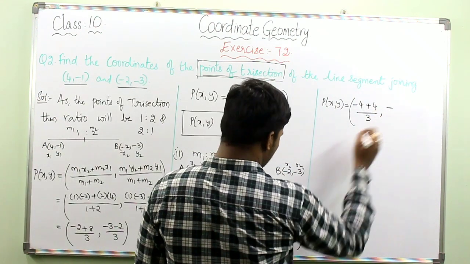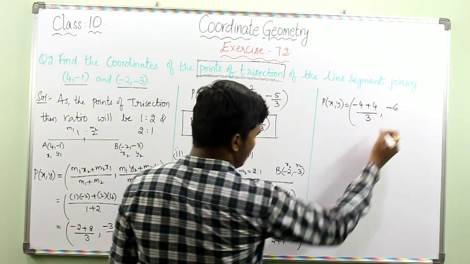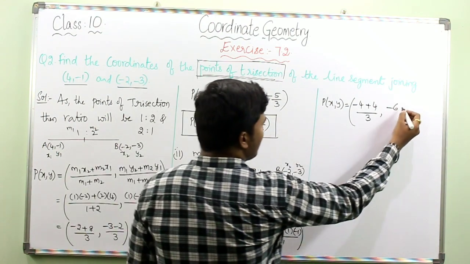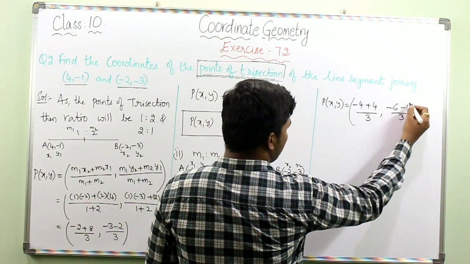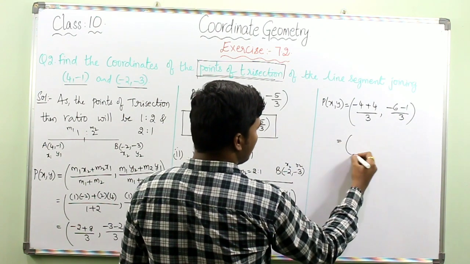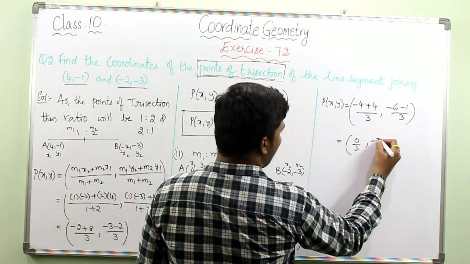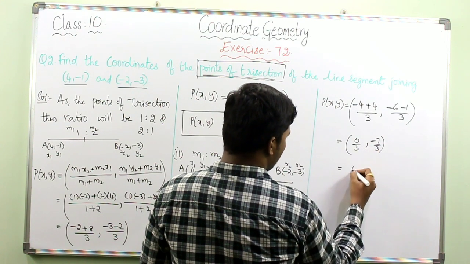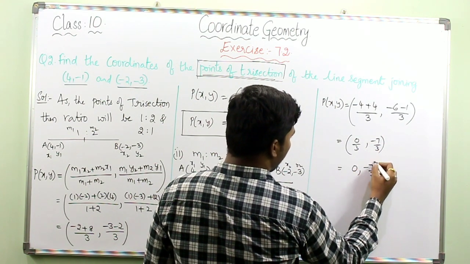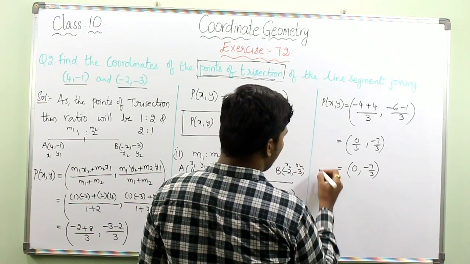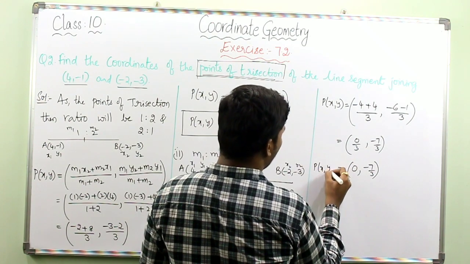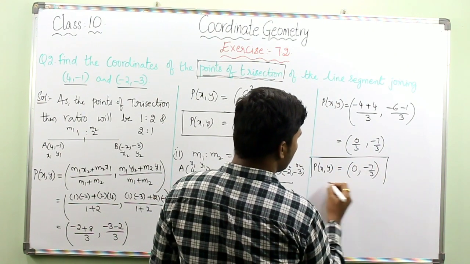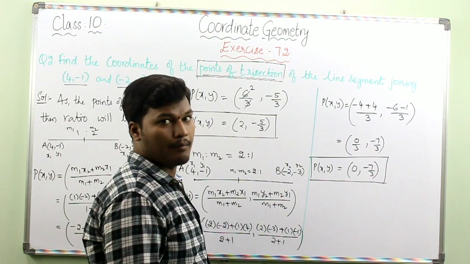Here minus 3 2s is 6, okay, plus into minus minus 1 by 3. This implies 0 by 3 comma minus 7 by 3, which is nothing but 0 comma minus 7 by 3. So this is another point P of x comma y is equals to 0 comma minus 7 by 3.